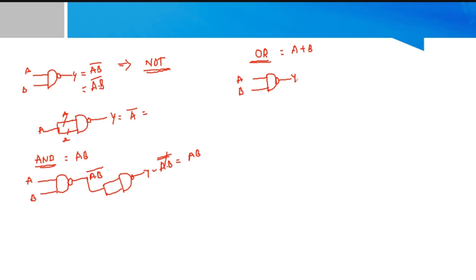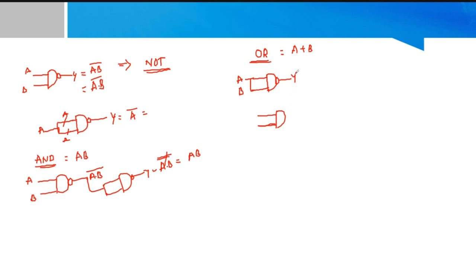Here we actually need three NAND gates. Yes. So the first two NAND gates will be shorted like in a NOT gate, and further the output of both the NAND gates will be given as an input of a single NAND gate.